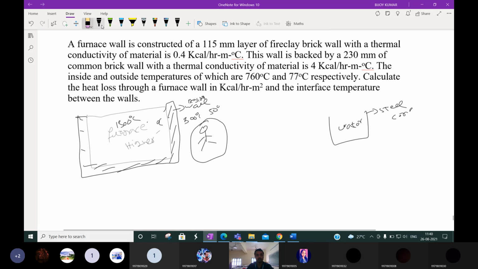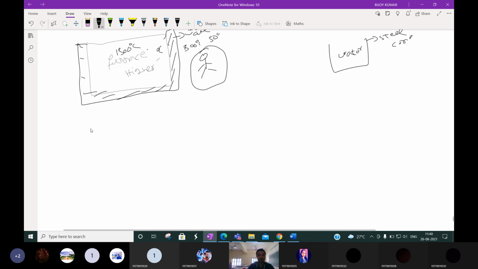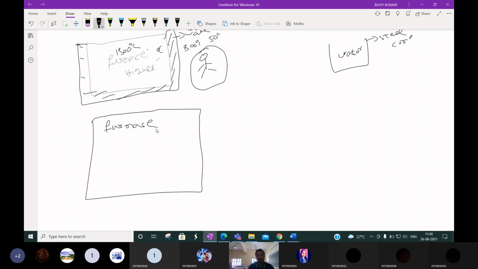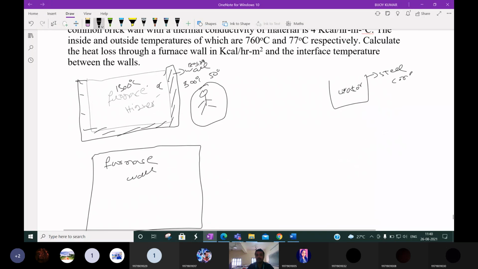Some technical issue. Okay, I will draw a new diagram. Don't worry. So one furnace wall is there. Suppose this is the furnace wall. Please listen carefully. How is this furnace wall constructed? It is constructed of a 115 mm layer of fire clay brick wall.